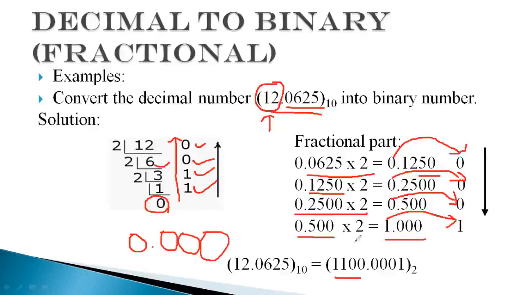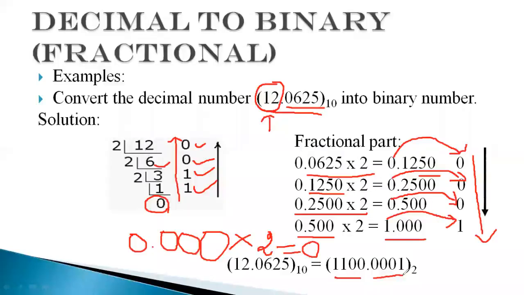Since we got the entire result as 0, no need to multiply it further, as we know that any number multiplied by 0 will always provide only one output, and the output will be 0. So at this position, I have stopped my multiplication, and this will be written from top to bottom order.